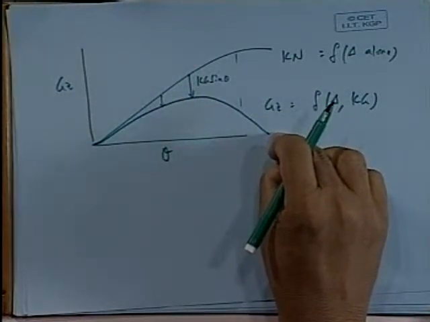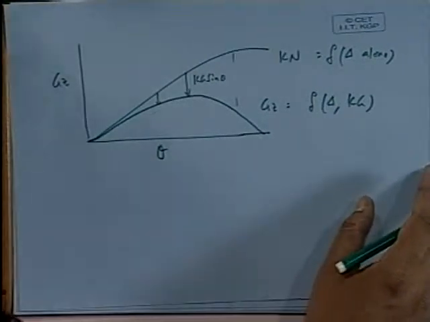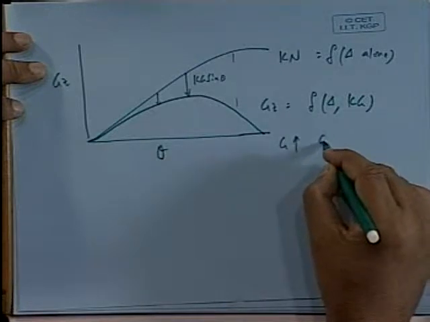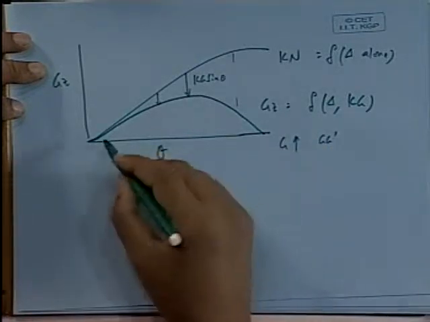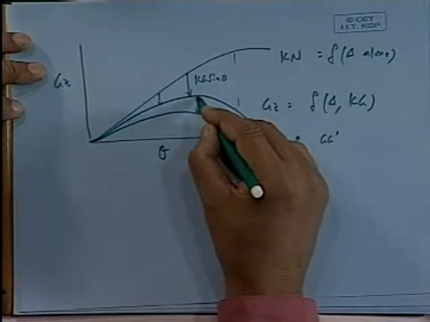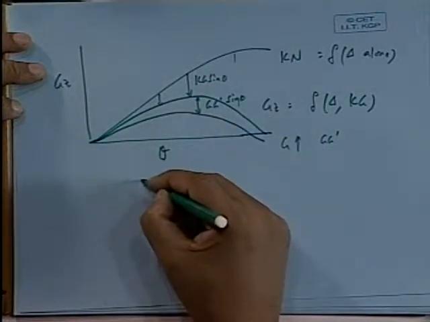Okay, now this is how you get GZ. Once you get GZ, of course, it is very simple. Supposing tomorrow I have G raised by an amount GG dash, then what would happen? My GZ curve lowers further by an amount GG dash sin theta. Why? Because you see here we have drawn this diagram.